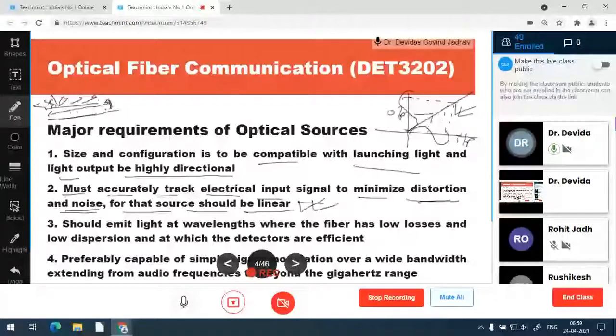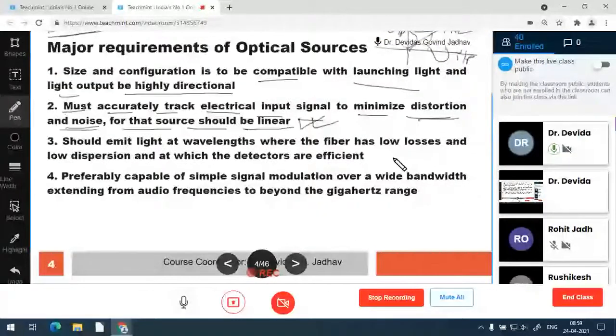So what is number three? The source should emit light at wavelengths where the fiber has low losses. So the source should be selected such that the fiber at that wavelength has low losses. As we know, fibers have low losses in 0.8 to 1.7 micrometer. This is the optical fiber communication window.